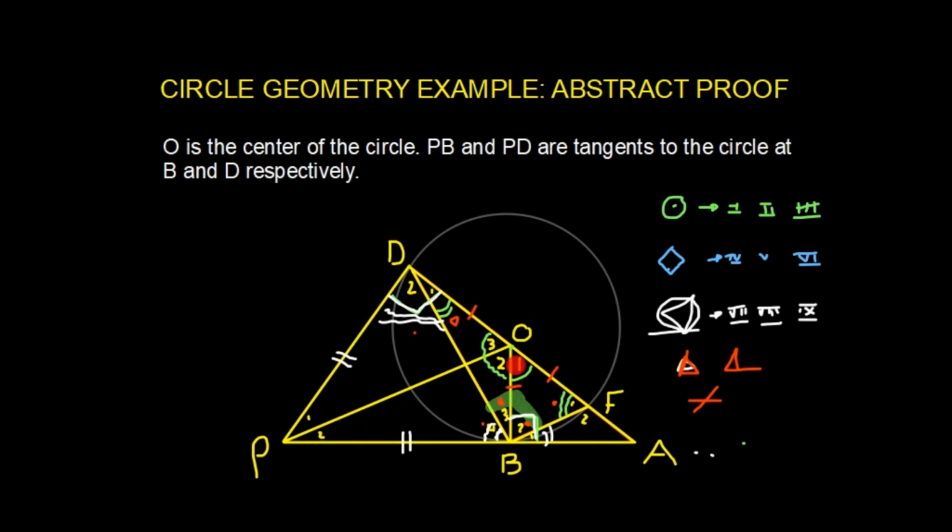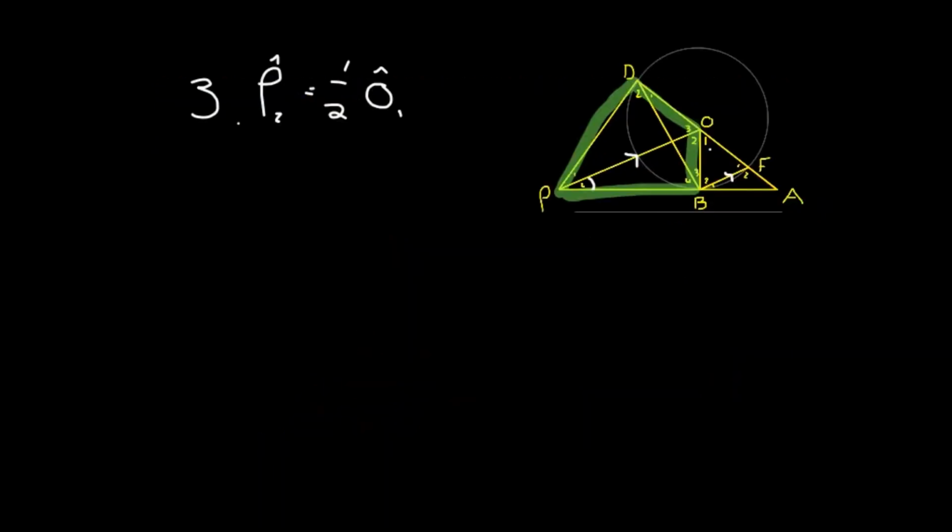So O1 is equal to 2 times D1. D1 equals P2. Therefore, O1 is equal to 2 times P2. And if you just use inverse operations to get P2 alone, you could say P2 is equal to a half O1.